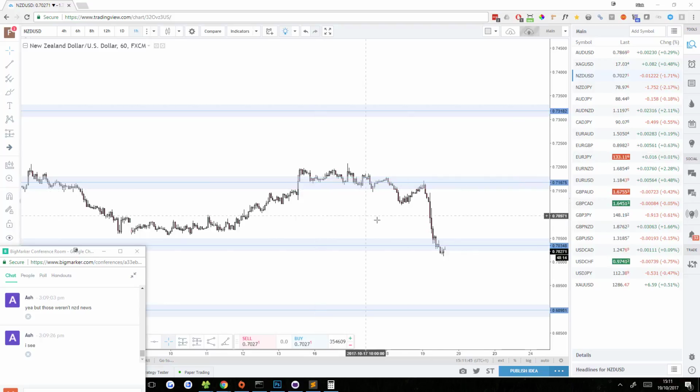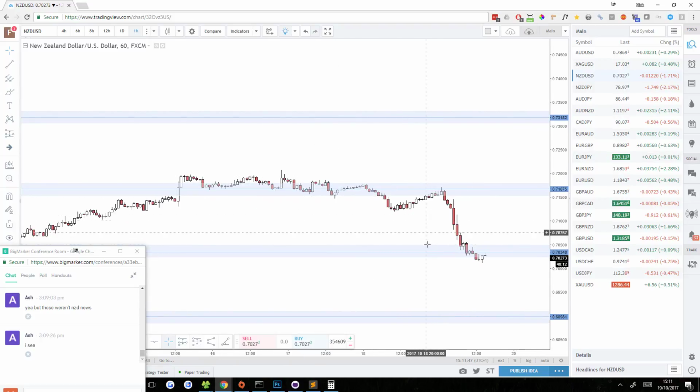So you could say that this trade was moved along by news, but the reality is the news didn't really take effect until here. It was already pulling away from this resistance area before the news, and then the news helped it along and eventually went to target. But this resistance area was still there, and it was still holding price back from moving up.